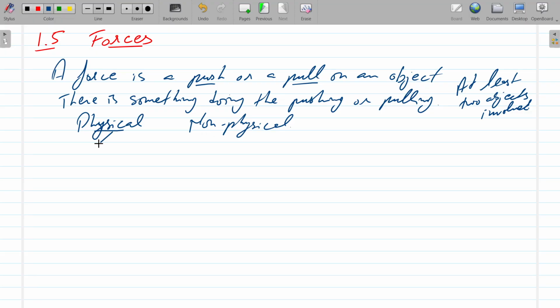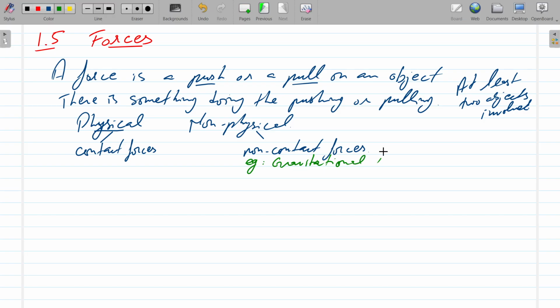If that's of a physical nature, then those are called contact forces. The non-physical ones are obviously called non-contact forces. Examples: an example of a non-contact force is gravitational force, and that is something we encountered when we talked about weight.